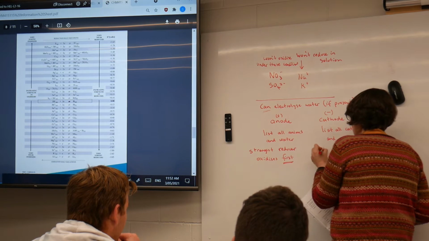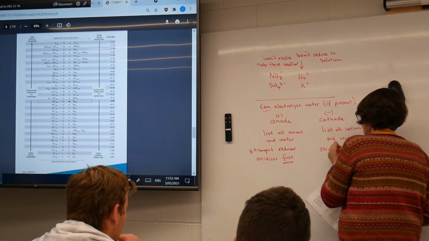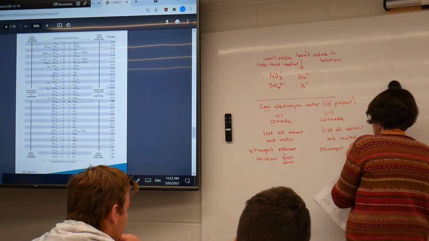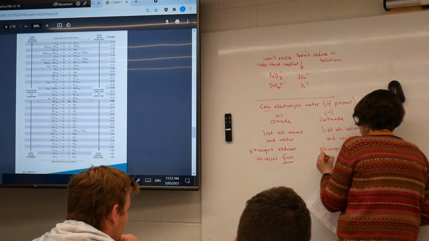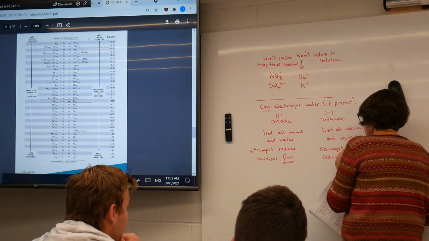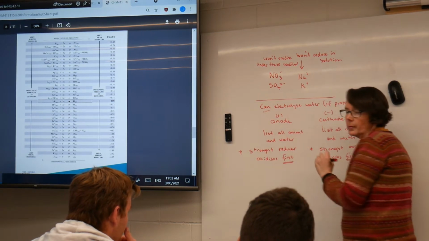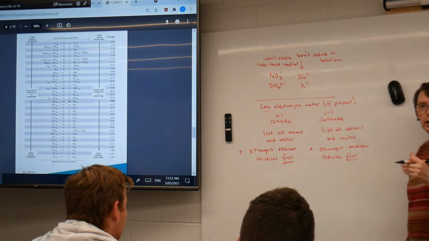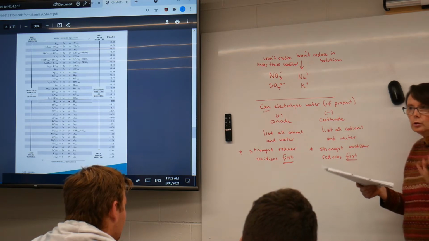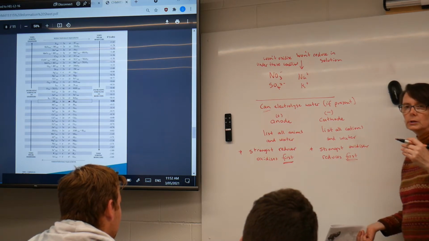And here the strongest oxidizer reduces first. So these statements are the same as from our electrochemical cells, aren't they? What we were looking for there was stronger oxidizers and stronger reducers.